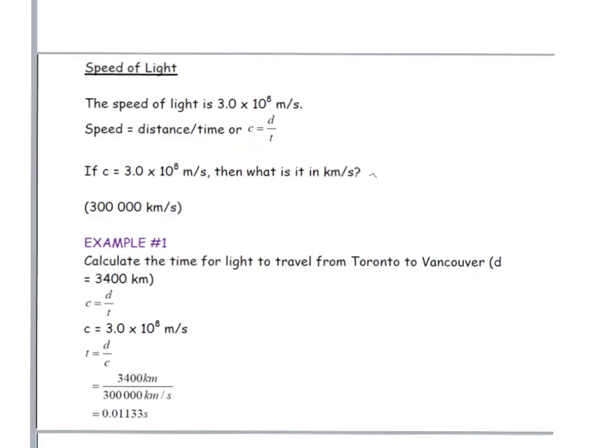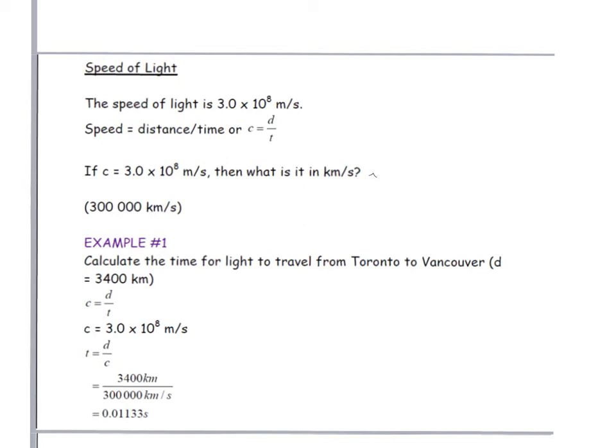Now, there are some calculations involved with the speed of light. Speed is equal to distance over time, which is represented with this formula. So if our speed is 3.0 times 10 to the 8 meters per second, we could convert it to kilometers just by dividing it by 1,000.